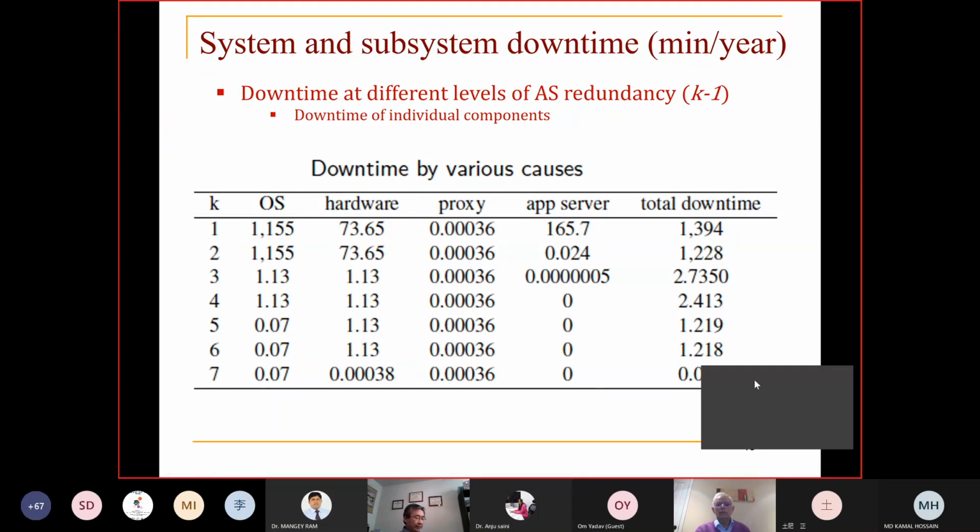The last row is the relevant one because K7 is what was to be used. It also tells you the downtime due to different parts of the operating system contribution to the overall downtime, hardware contribution, proxy server contribution, app server contribution, and total downtime, and so on. And we can vary this K and do all kinds of other sensitivity analysis.